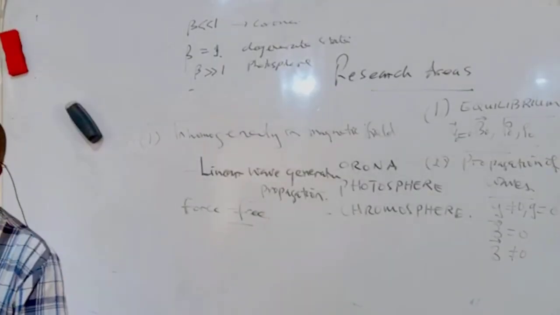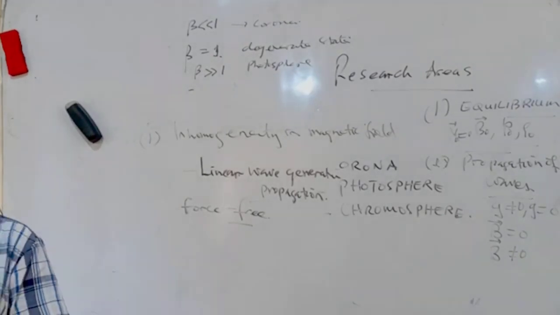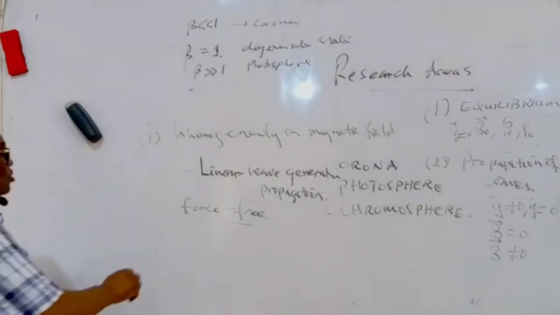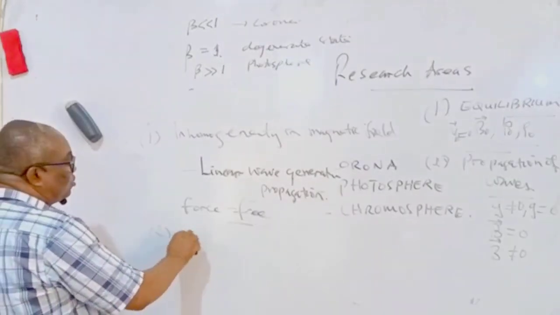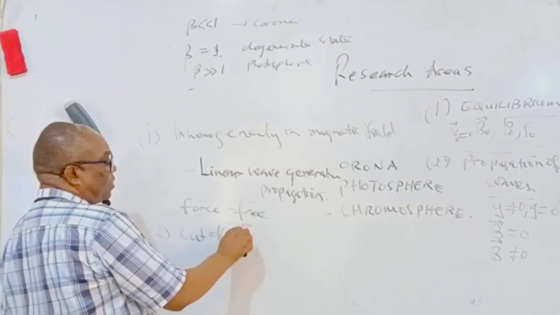And when we come to the effect of gravity, gravity introduces some other things because the environment now is stratified. We can now go on to look at cutoff periods in this. So we might look at the issue of cutoff frequency.